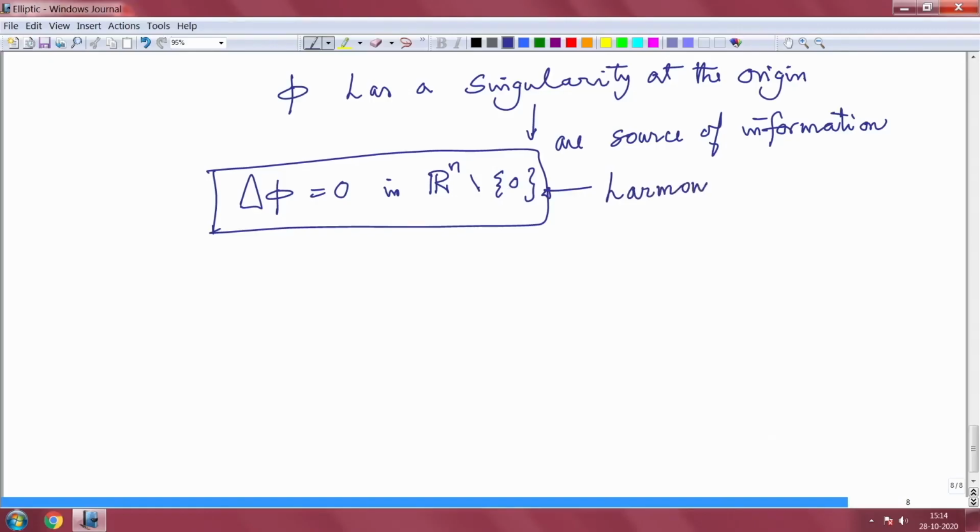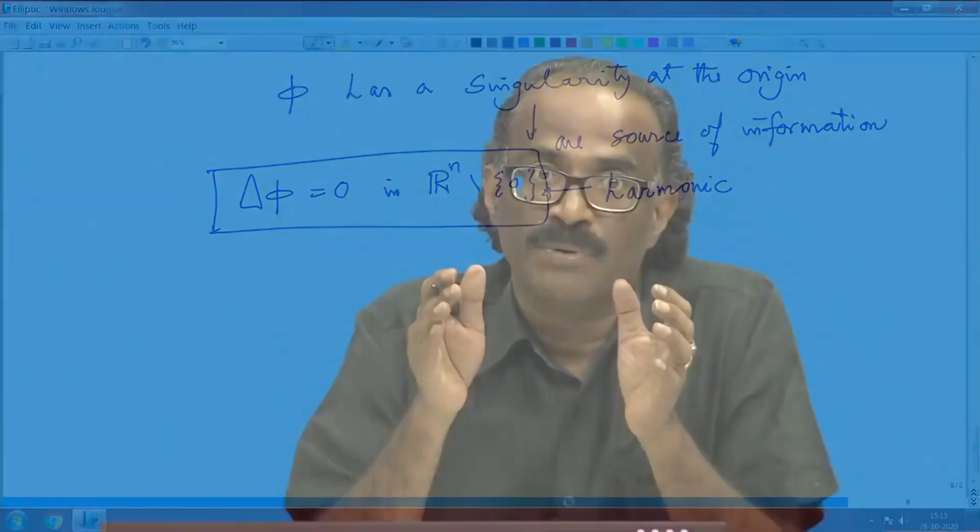Not in the entire Rn. You have a function which is a solution to the Laplace equation, but the solution is radial, depends only on the radial direction, and has a singularity, and it satisfies the Laplace equation except at that point. So, strictly speaking, this fundamental solution is not a solution, but still we call it a fundamental solution.